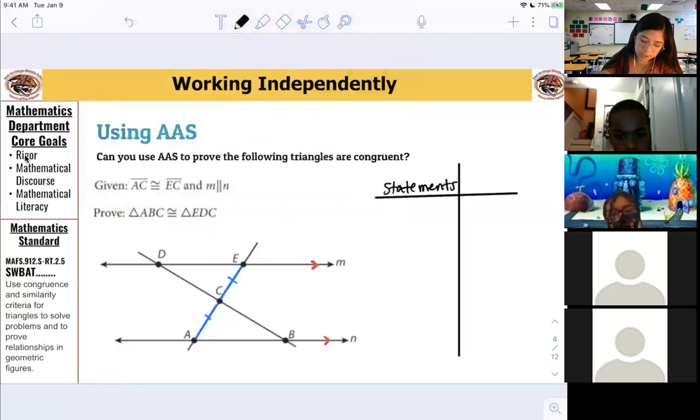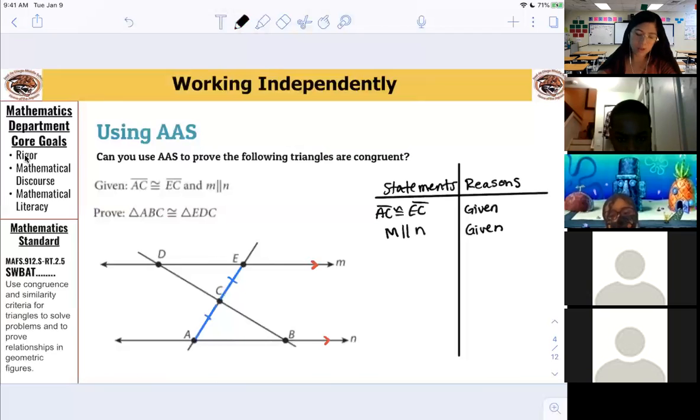Since they're not giving us one, this doesn't have to be perfect, but we're going to use it to organize our thoughts. So far, I'm just going to write what I already know. Okay. But based on this information, what else can I figure out?